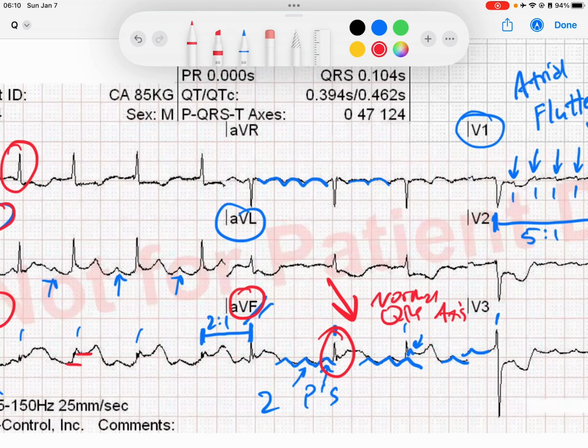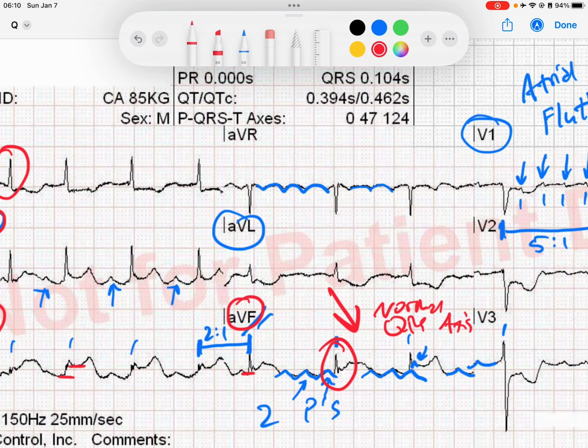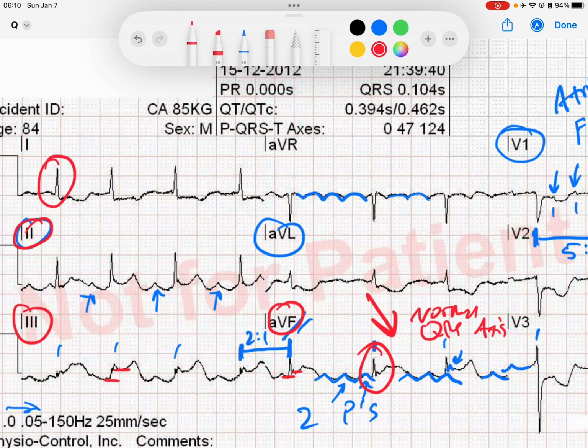You can see it here in AVF, you've got our baseline, you've got elevation, and also here in lead 2, baseline elevation. And so I've got ST elevation in the inferior leads 2, 3, AVF, which we know is a hallmark for ischemia or infarction, especially in this case in the inferior portion of the myocardium.